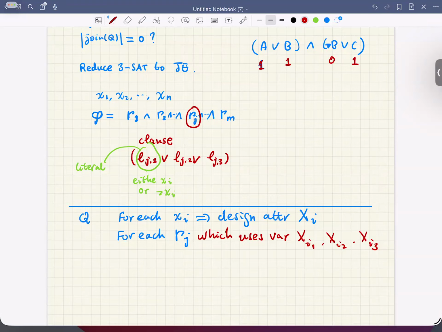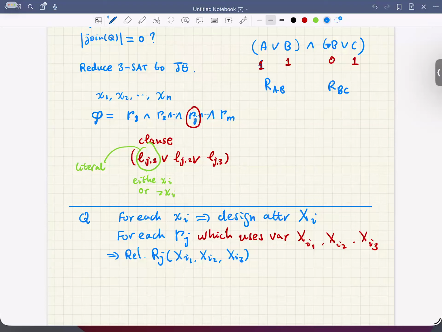Very nice. And then I'm going to create a relation Rj with schema xi1, xi2, xi3. For example, in my running example, you'll be creating a relation RAB, and here RBC. Fair enough?